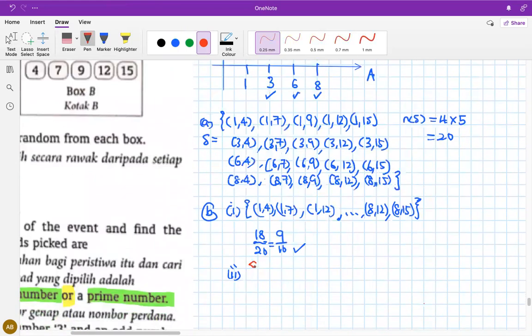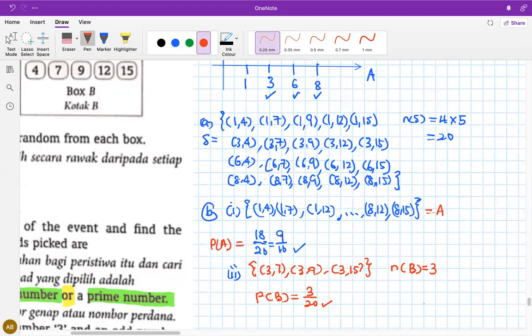So you list down 3, 7, 3, 9, and 3, 15. Let's say this is B, then the number of samples is 3. So the probability of B is 3 over 20. This is your answer. If you want to put A also can, then the probability of A is 9 over 10.